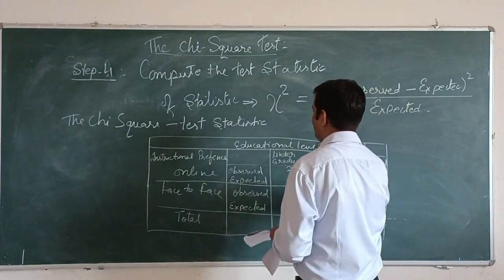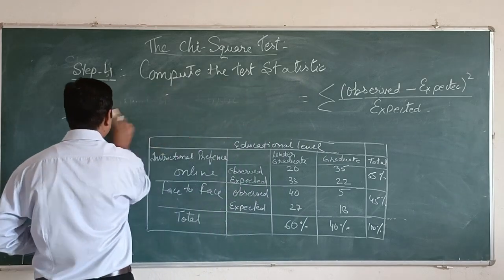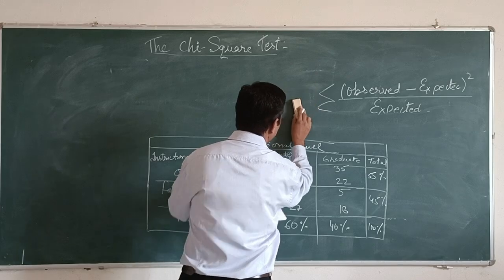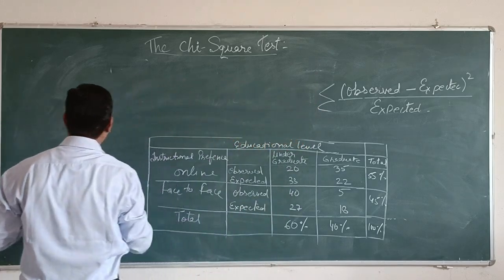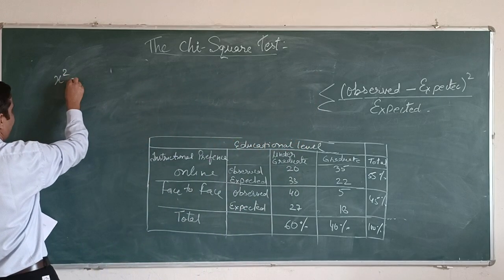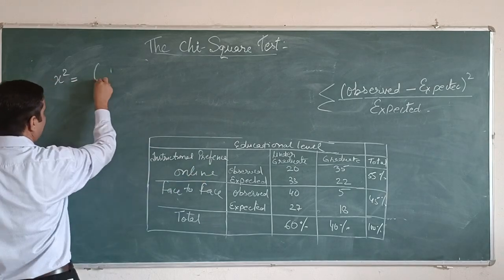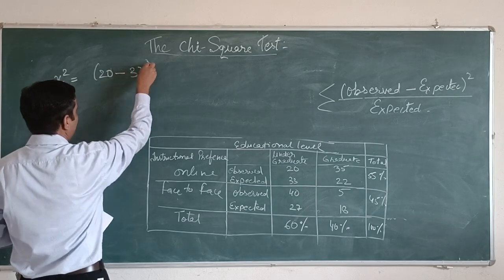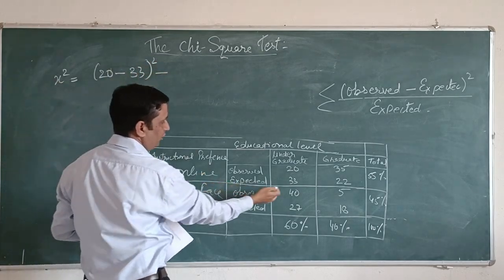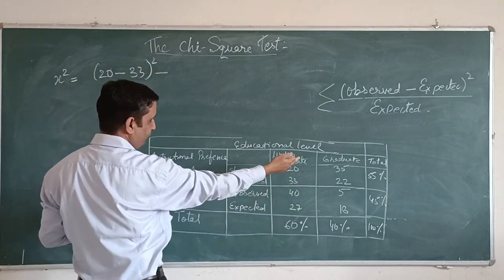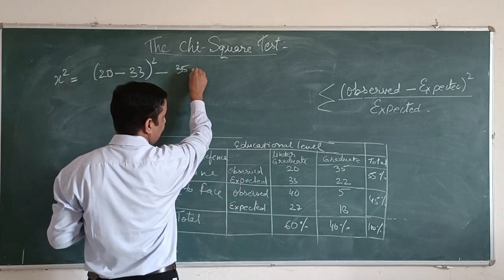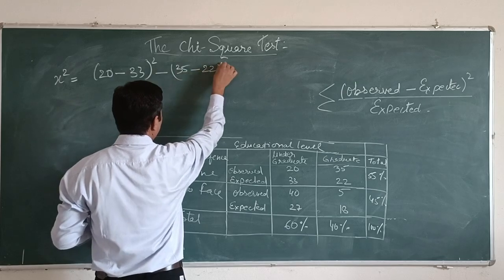We will shorten a little space, so we will make it x square is equal to observed value is 20 and expected value is 33 whole square, minus, we will go to our graduate program. Graduate program is 35 observed and expected is 20 whole square.